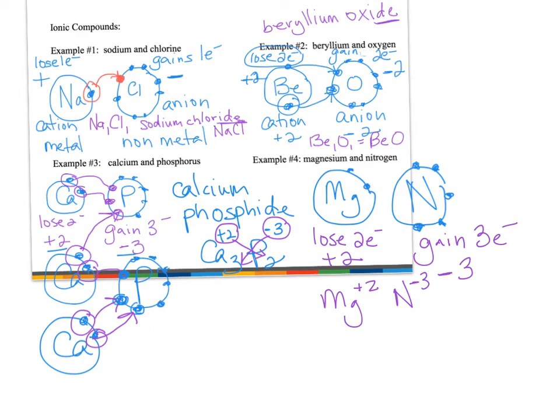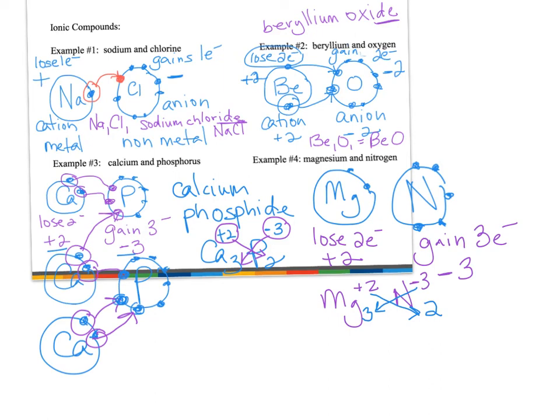So when we're looking at how many magnesiums come together with the number of nitrogens, I write it with the charges up top. And then to figure out what the ratio is, I'm going to bring down the magnesium charge and put it as a subscript without the sign with the nitrogen. And then I'm going to bring down nitrogen's charge and make it the subscript of magnesium without the sign.